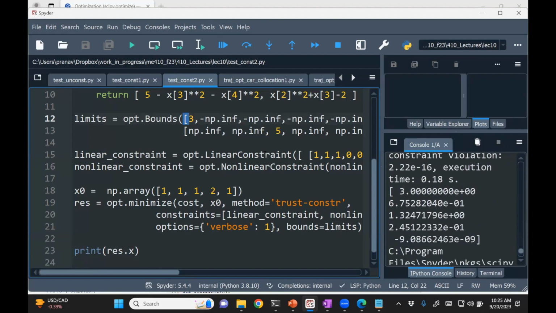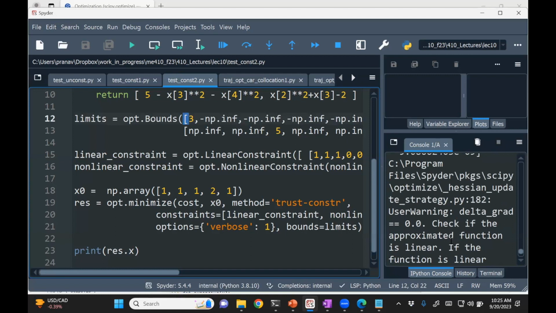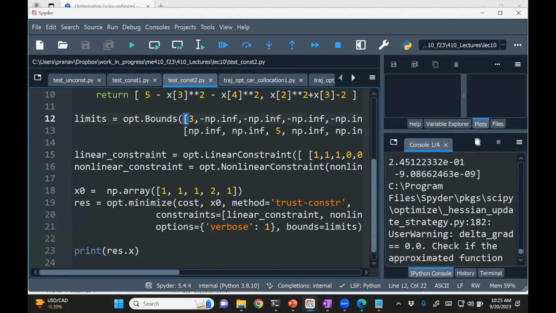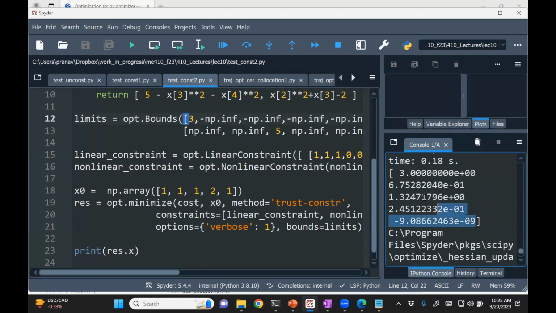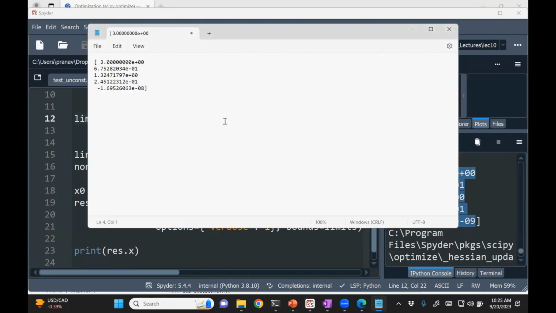Okay, it gives some messages, warnings. Some of them are bad, some of them are good. But let's look at this solution which it produced. Okay, so first x1 is the same, x2 is the same, x3, x4, and the last one is practically 0.